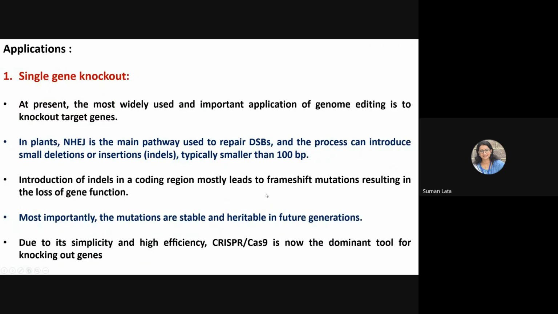If we talk about the applications, the most important application is the single gene knockout, that we can target the genes and create the knockouts. NHEJ is the main pathway which is used to repair the double-stranded breaks in case of plants. This process can introduce deletions and insertions, which are usually smaller than 100 base pairs.